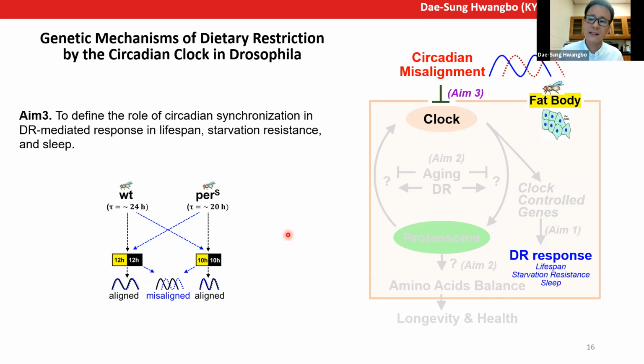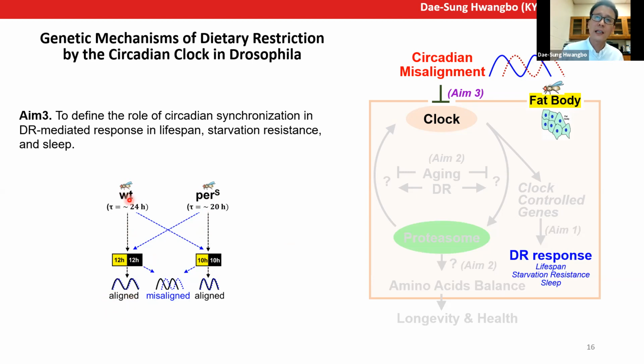So my hypothesis is that if you change their rhythms, that being said, if you mismatch the endogenous rhythm and the outside rhythm, what happens to the diet restriction response? In wild type, we know that if you put them in 12 hours and 12 hours, if their circadian clocks are aligned inside and outside, you enjoy lifespan extension.